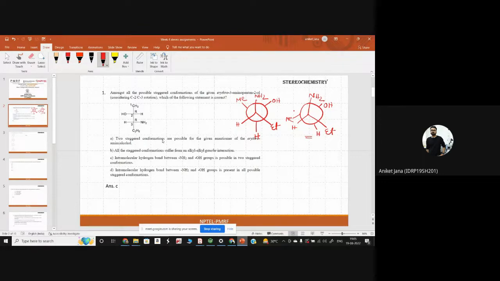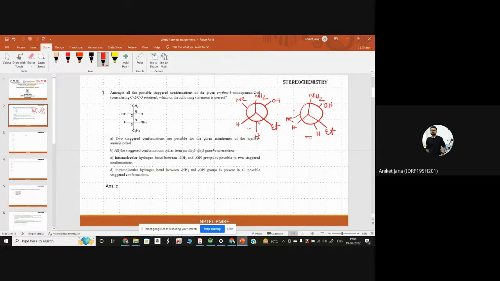How many staggered conformations are possible? This is one. And how many others are possible for this molecule? How many staggered conformations can it have?